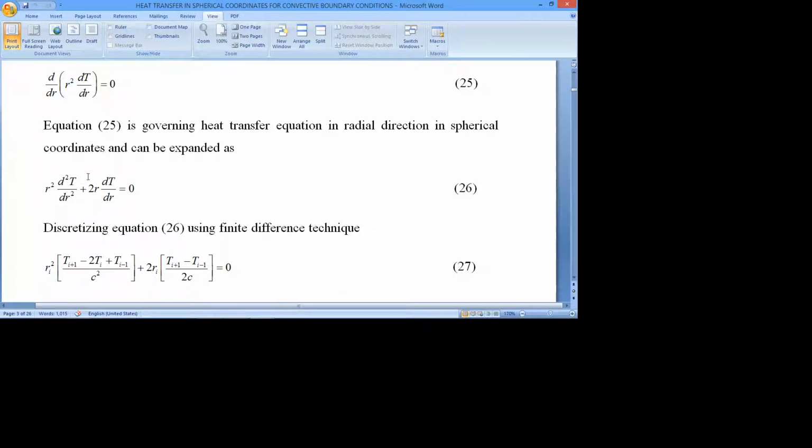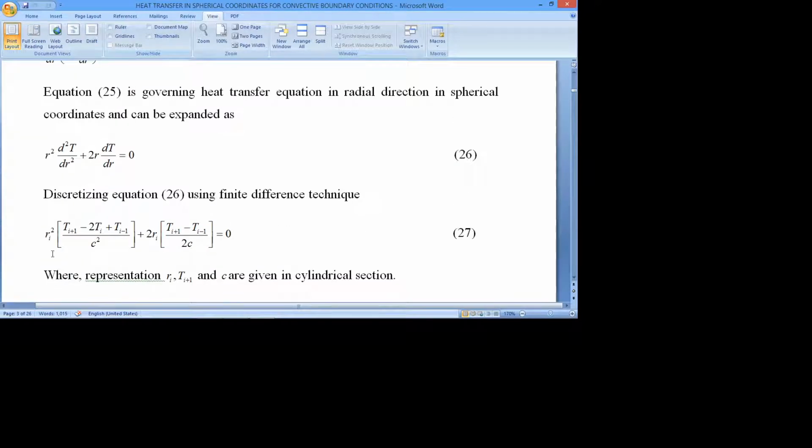We are solving this equation by finite difference techniques. In finite difference techniques, using central difference formulation, the double derivative of temperature is given by Ti plus 1 minus 2Ti plus Ti minus 1 upon C square.